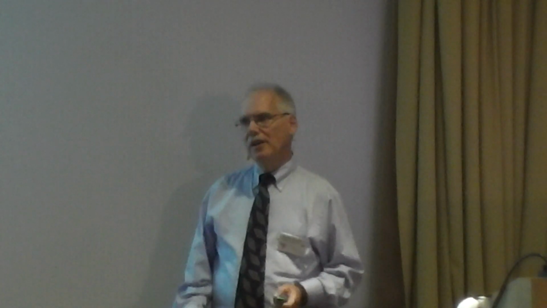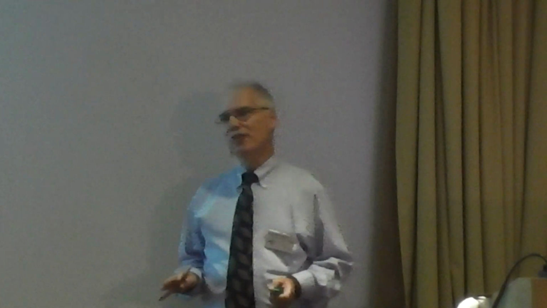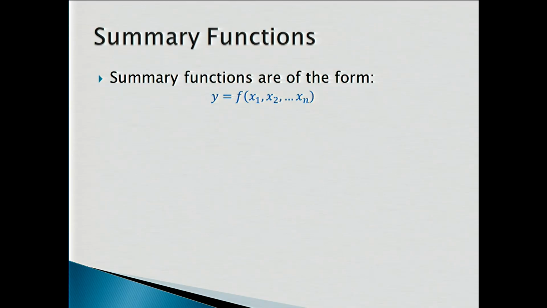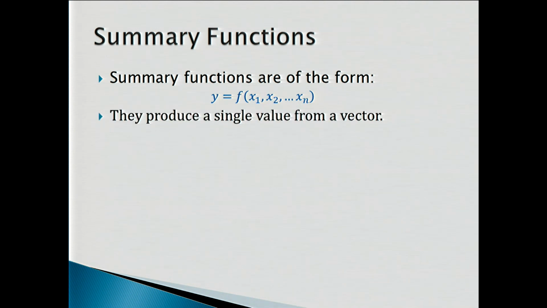I'm assuming most people are somewhat familiar with statistics. Basically, a summary function takes a list of values and compresses them into a single value. So typically you take a vector and you compress it into a scalar.